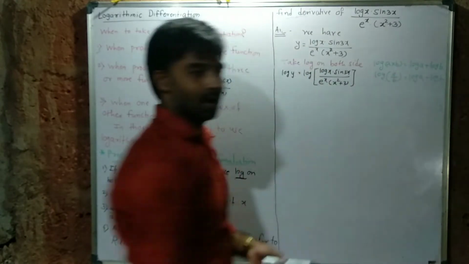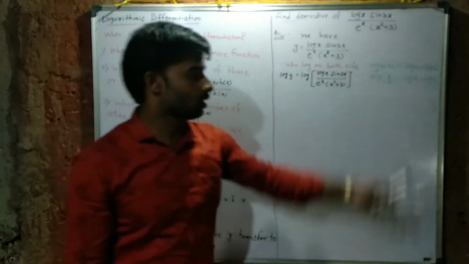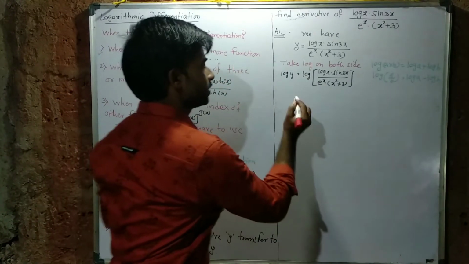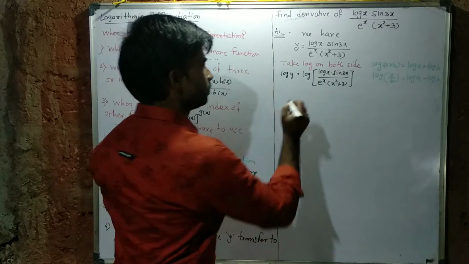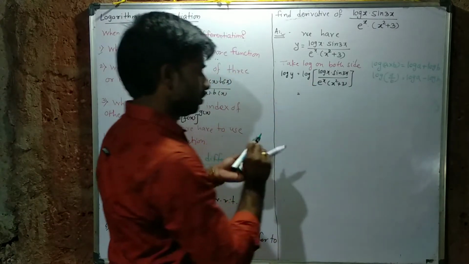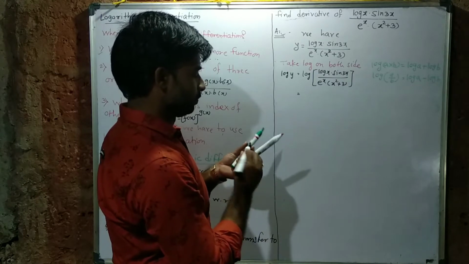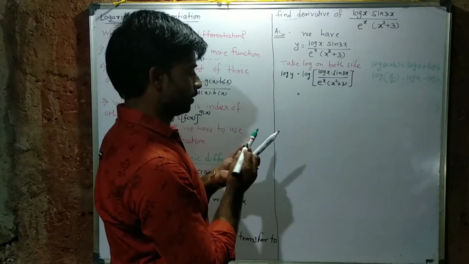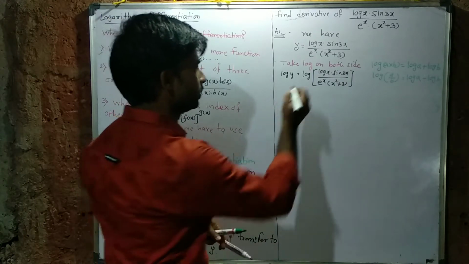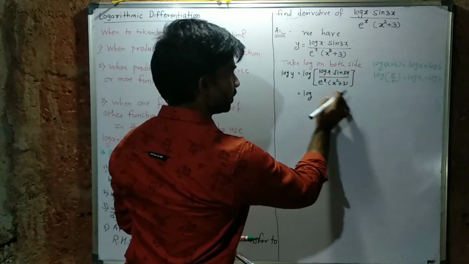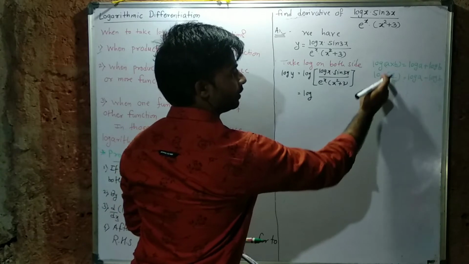By using those rules related to logarithm, we have to simplify the right hand side. First of all, we have to get the log of this one, which has numerator and denominator, and according to numerator and denominator, first of all we have to get the log of numerator and denominator. That means we have to apply this law.